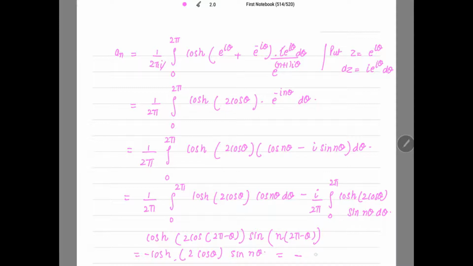Yes. So hence, because f of 2 pi minus z is equal to minus of f of z, or f of 2 pi minus theta is equal to minus of f of theta, this integration is 0. So this integration comes out to be 0.